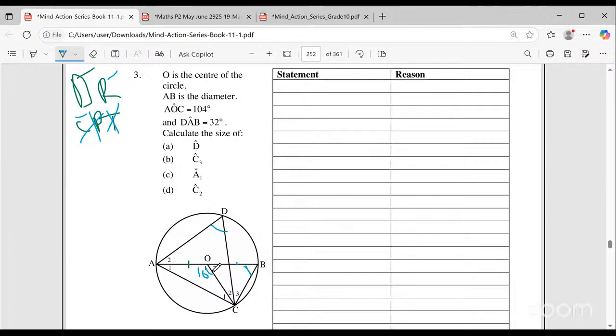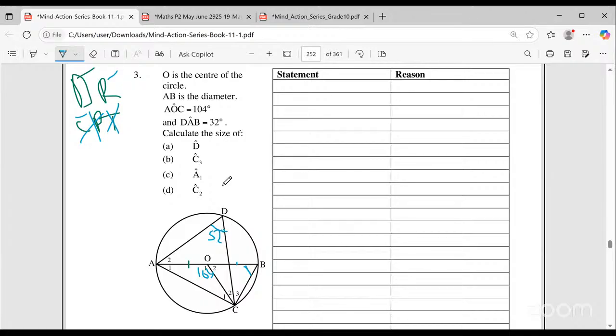Now we can go for the theorem: angle at the center is 2 times angle at the circumference. So angle D is the angle at the center divided by 2, because we want the angle at the circumference. So it's 104 divided by 2. Therefore, we get 52 degrees.